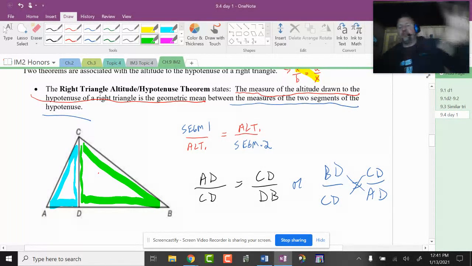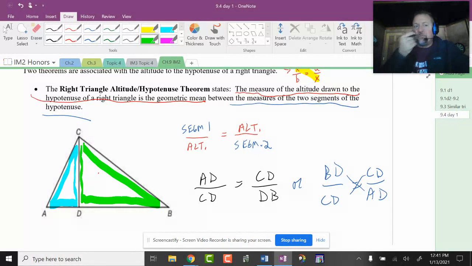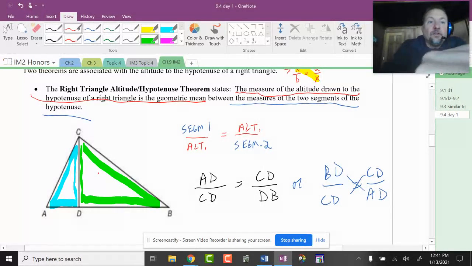So we don't have to pull the triangles apart and try to figure out which are the similar or proportional parts. Remember, in similar triangles, the sides are proportional. That's why we have a couple of proportions here. So I'm going to go through this again. The measure of the altitude drawn to the hypotenuse, the altitude is the geometric mean. So this is the geo mean.